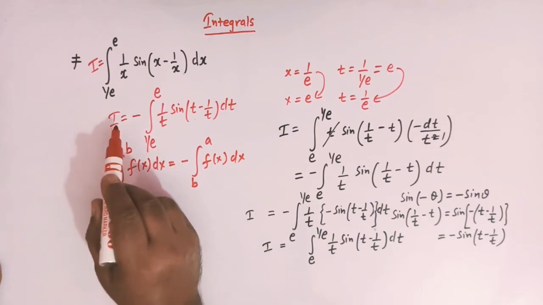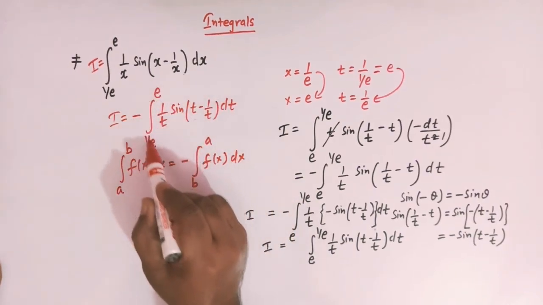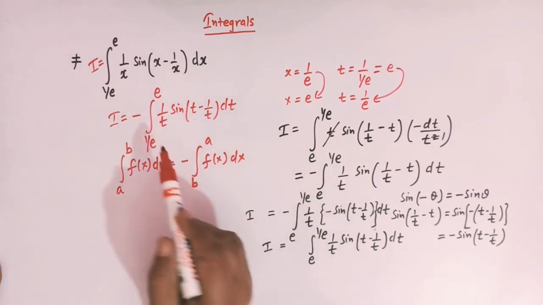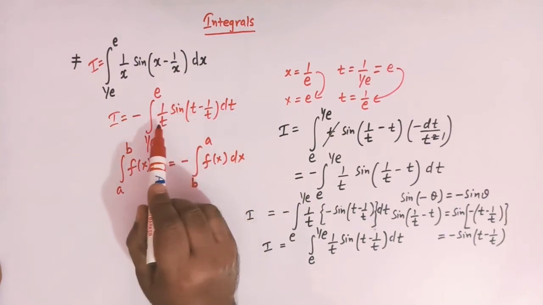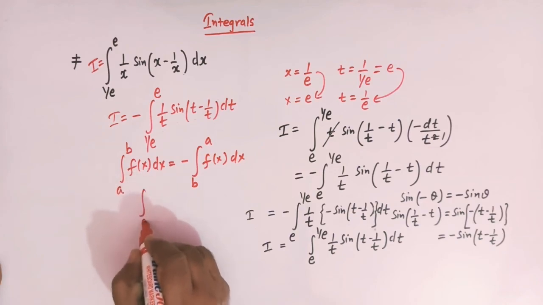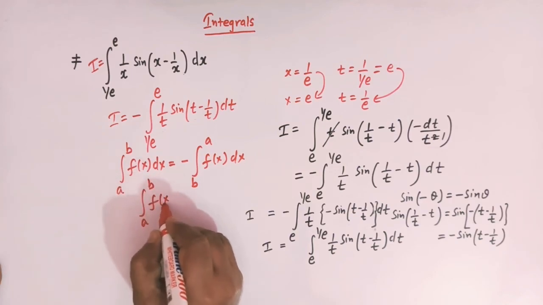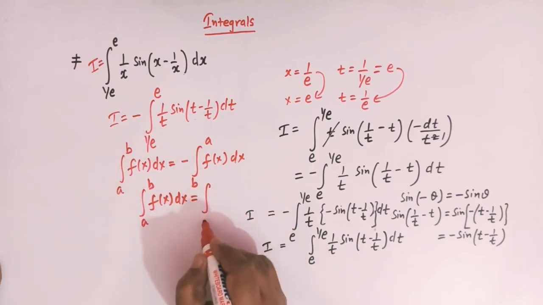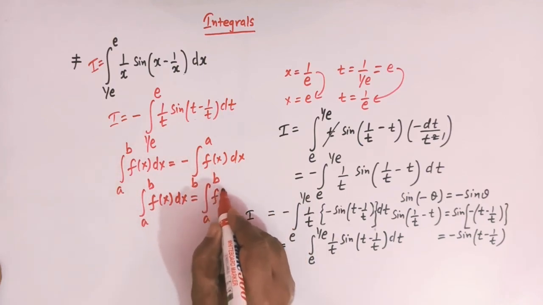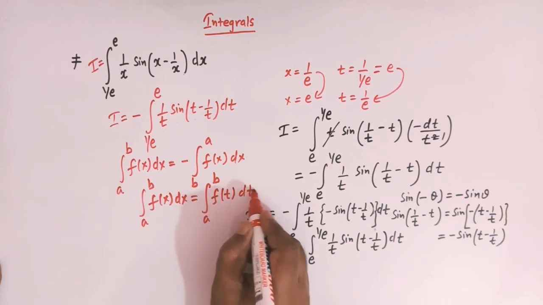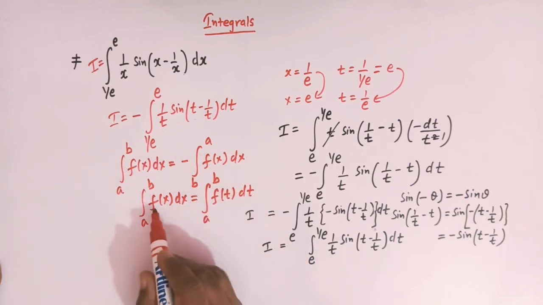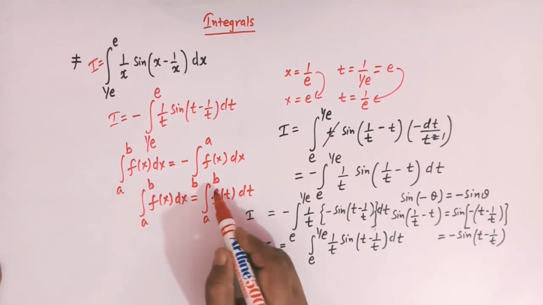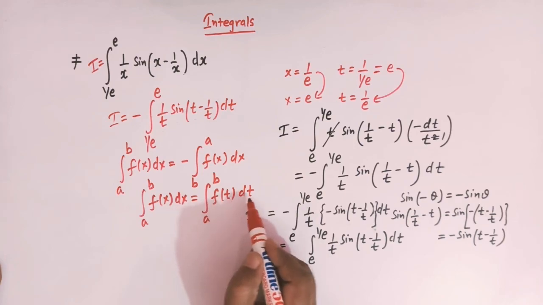Now we see that this integral is similar to the original one, and by the dummy variable property, the integral a to b f of x dx is equal to the integral a to b f of t dt.